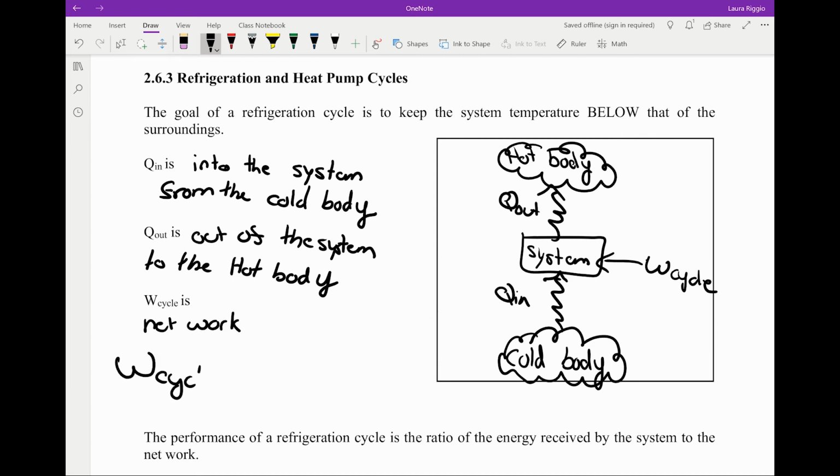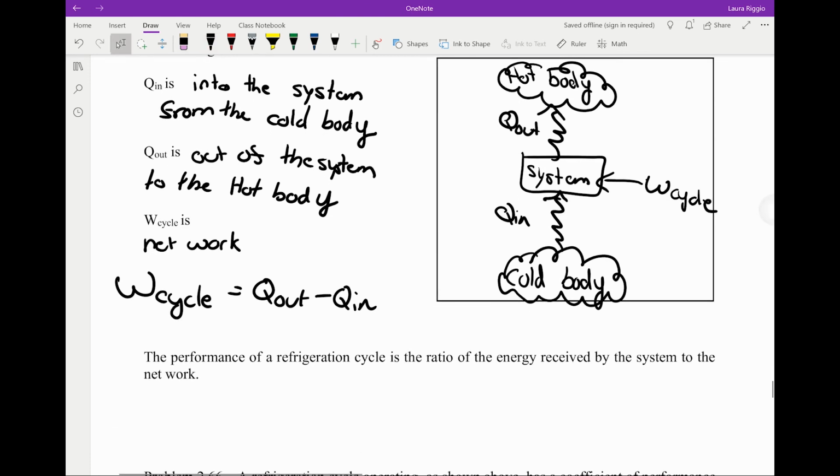The energy balance in this case is W cycle is equal to Q out minus Q in. Because W cycle is always going to be negative, we just kind of reverse the equation, so we're looking more at a magnitude in this case instead of the actual signs. Just know that W cycle is negative.